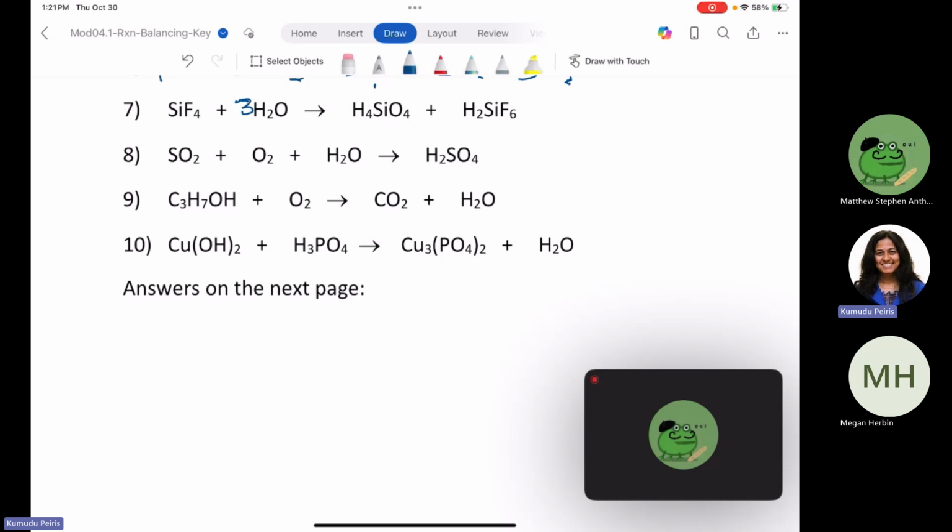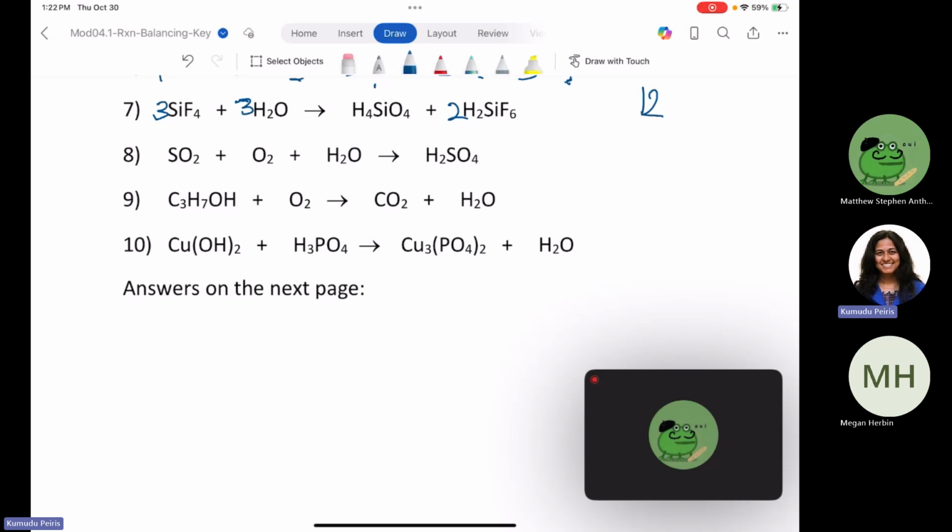What could be the smallest common multiple of 6 and 4? Yes, 12, right? So when I want to make it 12, I should have 3 in front of that, and here I must have 2.